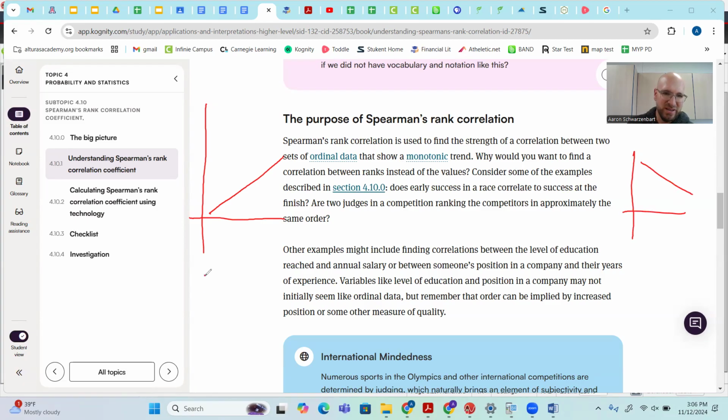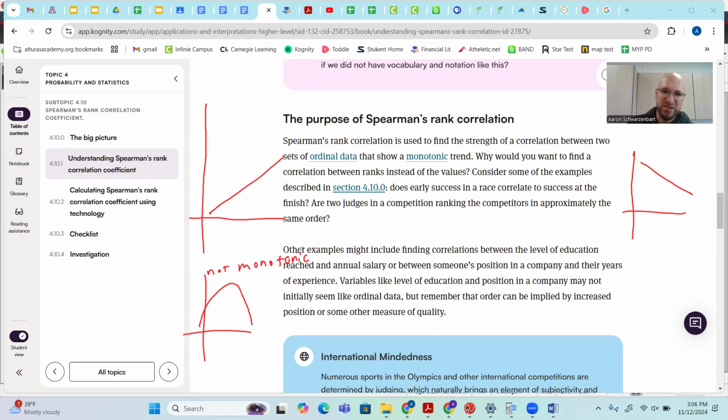There's all kinds of data that looks like this. This is not monotonic. Okay, so it has to be ordinal and it has to be monotonic. If it doesn't meet those requirements, you can't use it.